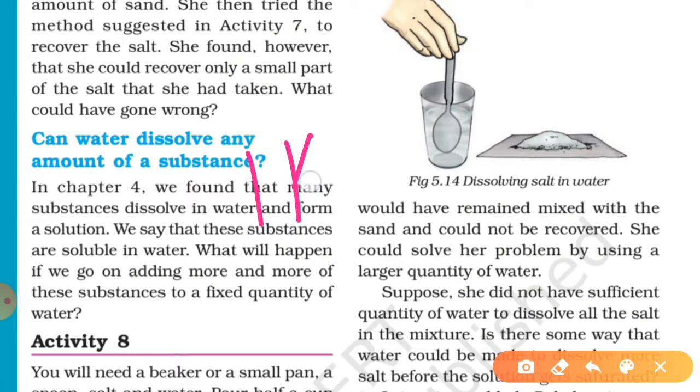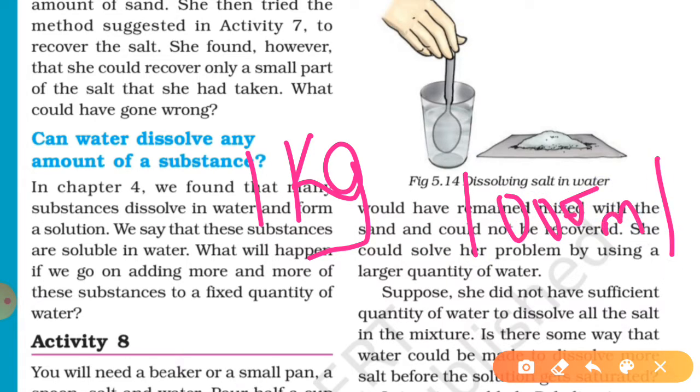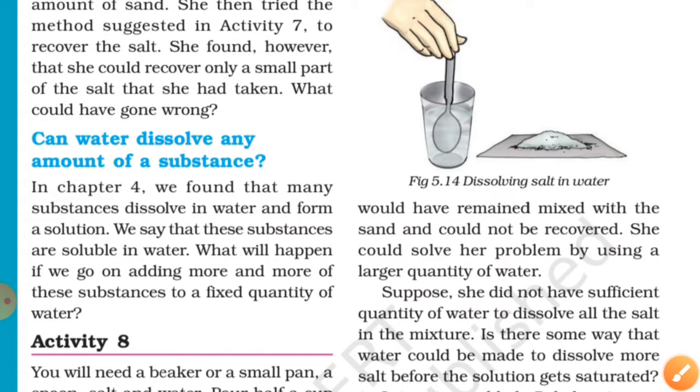If we pour 1 kg of salt in 100 ml of water, then at one limit the salt will not get dissolved. Okay, so in this process we will use the method of evaporation.